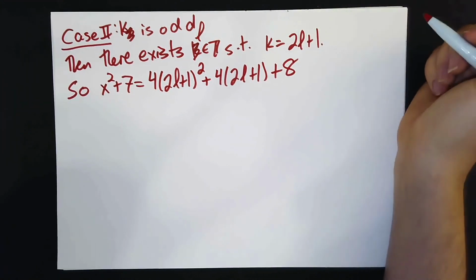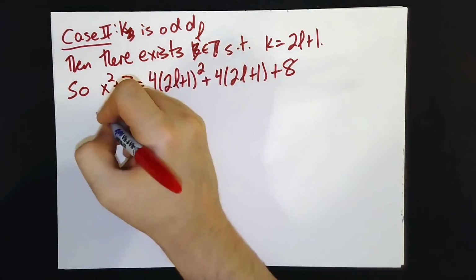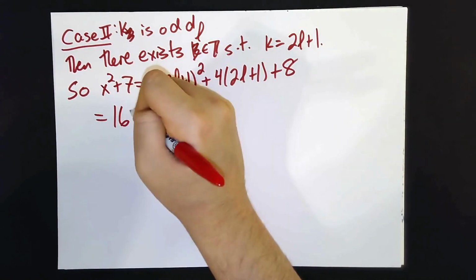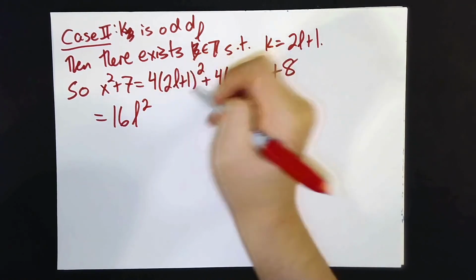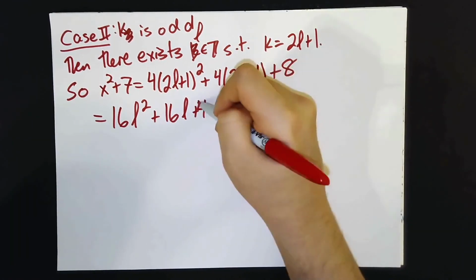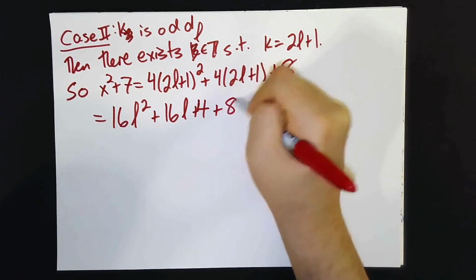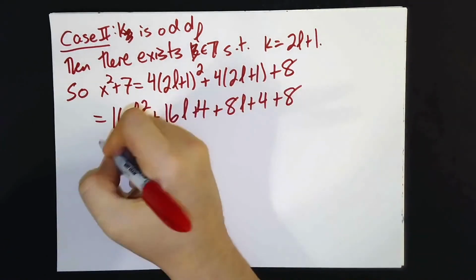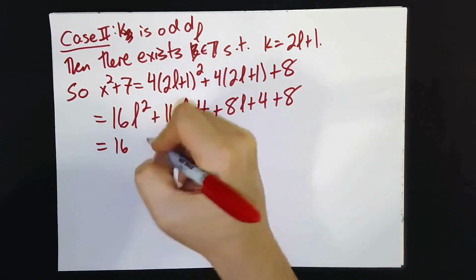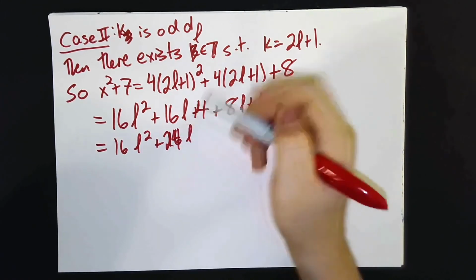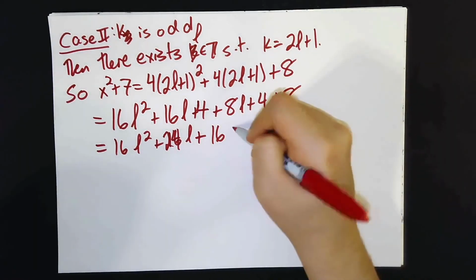I've got more algebra to churn through this time. So this is going to be 16L squared plus 16L plus 4 plus 8L plus 4 plus 8, which is going to be 16L squared plus 24L plus 16.